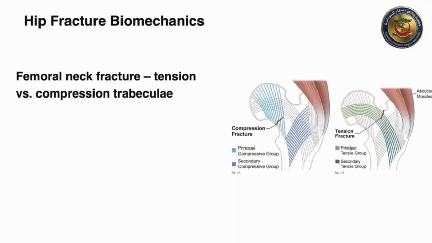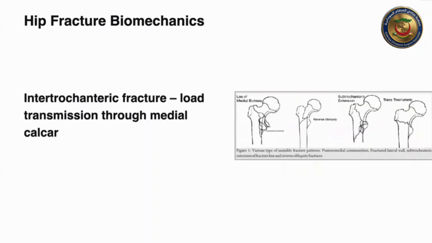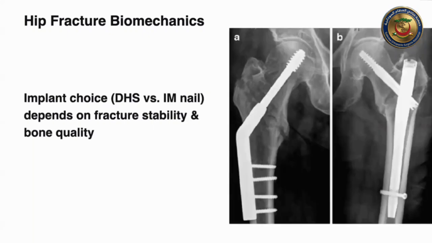About the biomechanics of hip fracture, we will discuss it in detail in the next webinar, inshallah, next month. But we should know that femoral neck fracture is a failure in either the tension or compression trabeculae, and in intertrochanteric fracture the load is transmitted through the medial calcar, which is the most important piece that determines the stability of the fracture.